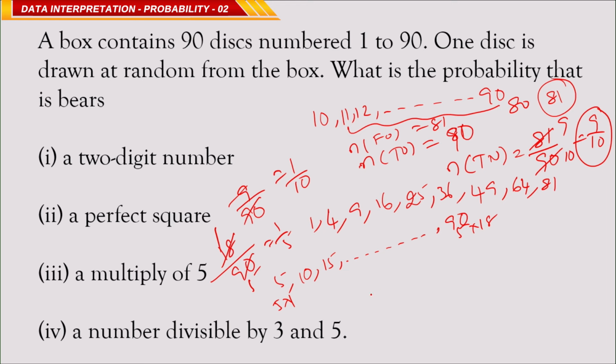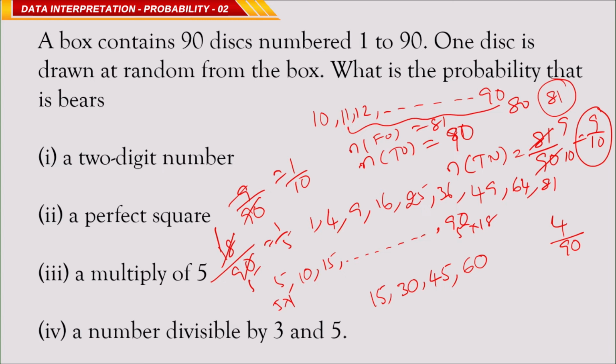So, 15, 30, 45, 60, that's all. So, the favorable outcomes is how much? 1, 2, 3, 4, 4. Total outcomes is 90, so 4 by 90.